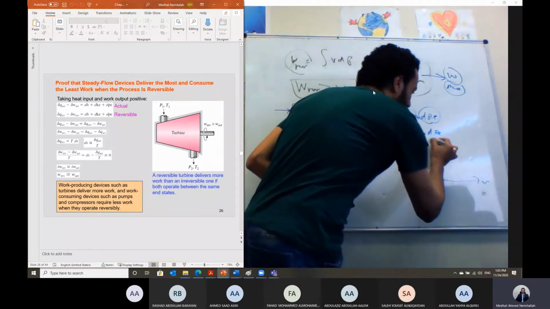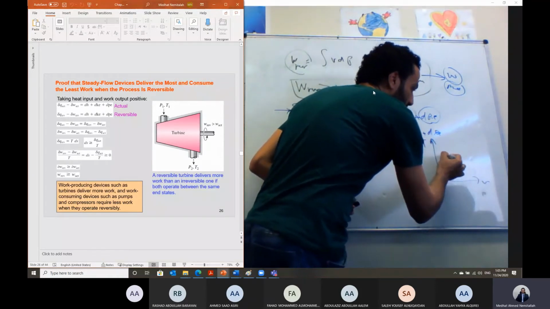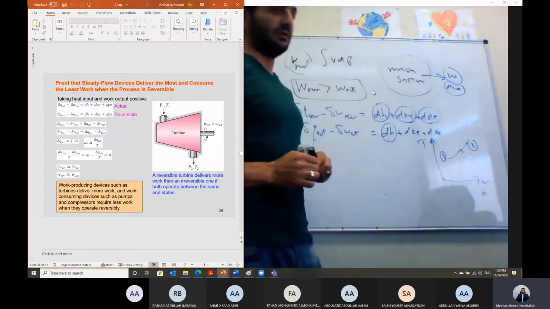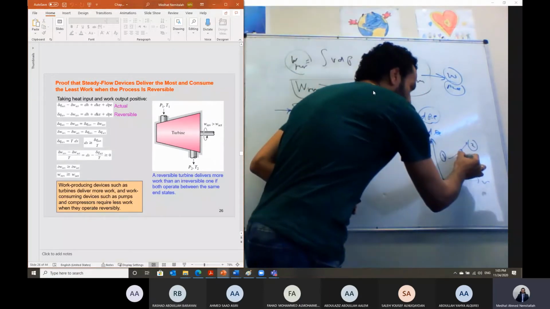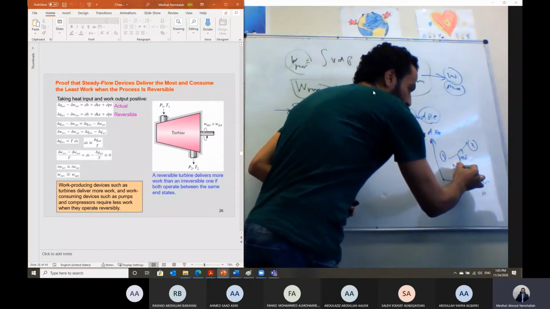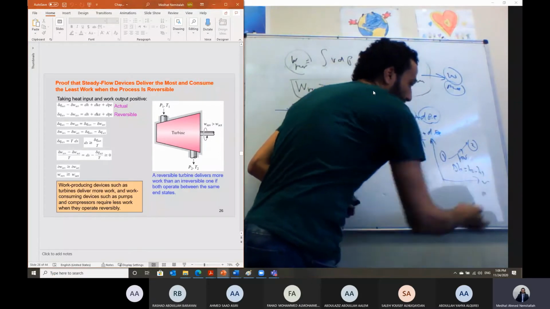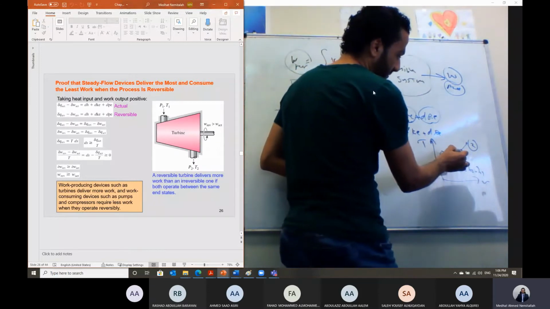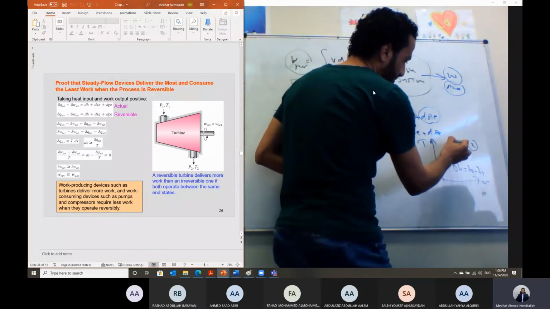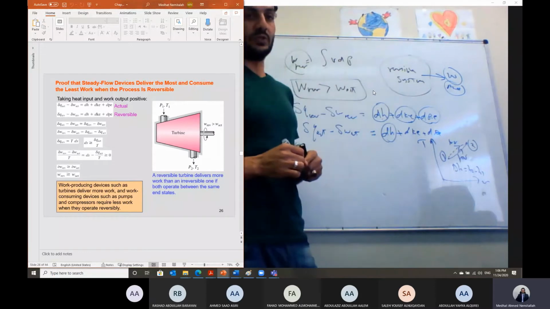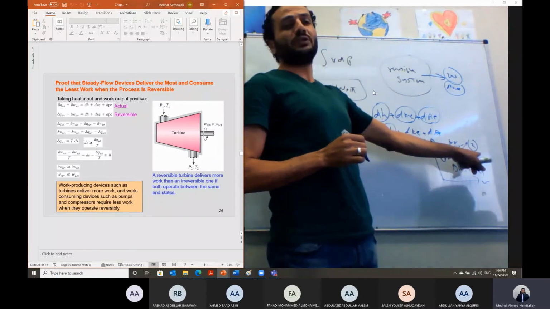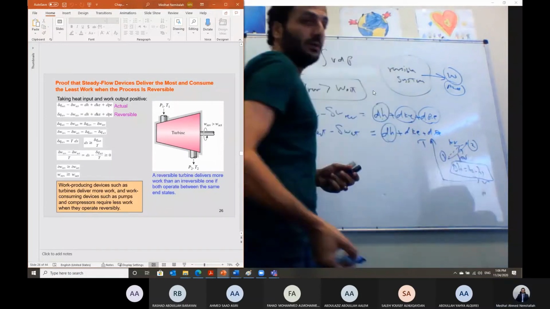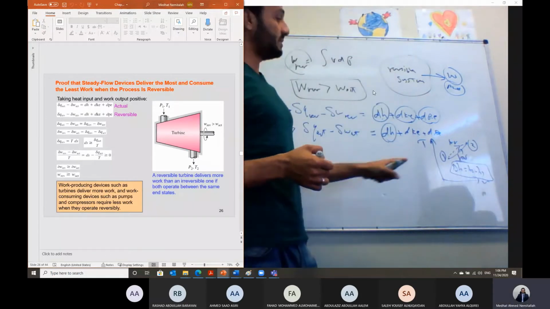If you look at the TS diagram or PV diagram, we have a system undergoing change from an initial state 1 to a final state 2. If this process is reversible, then delta H will equal H2 minus H1. But if I follow another path, an irreversible process, and I also reach point 2, delta H in this case will also be H2 minus H1, because this is a property.